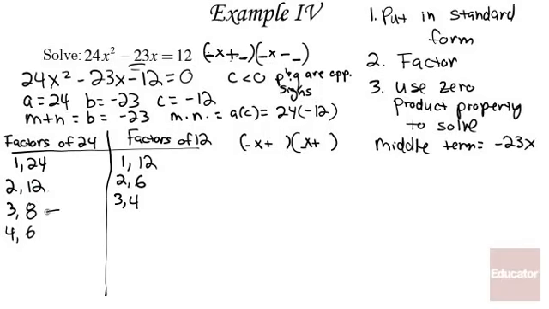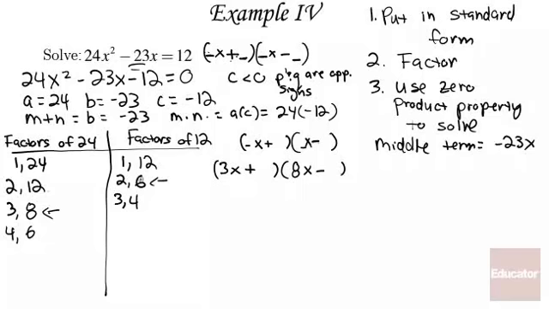So I'm going to go straight to this one, 3 and 8, and I'm going to try it with 2 and 6. So here's my first combination, 3x plus something, and then 8x. Remember, this is going to be a negative, minus another number. My possibilities for here are factors of 12.